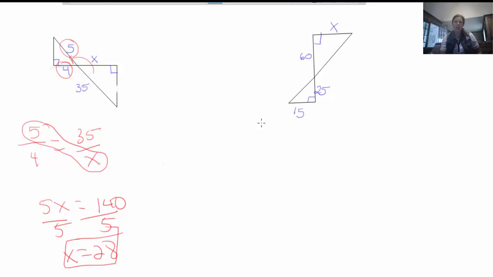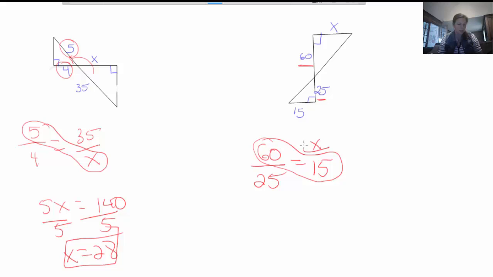There you go. So with this one, you're not given the hypotenuse, but you're given the legs. I shouldn't call them sides. So 60 over 25. The 2 on the straight line across will always line up if you get confused. So 60 on the top, so we need to have x on the top. Okay, so then cross multiply 60 times 15.